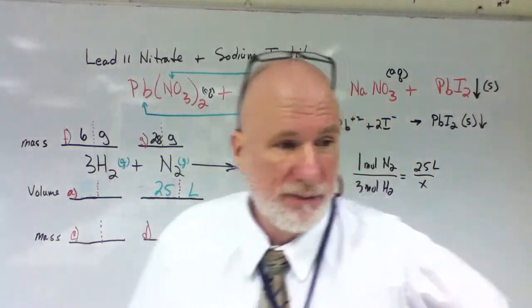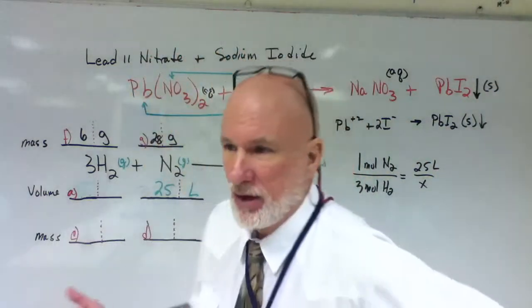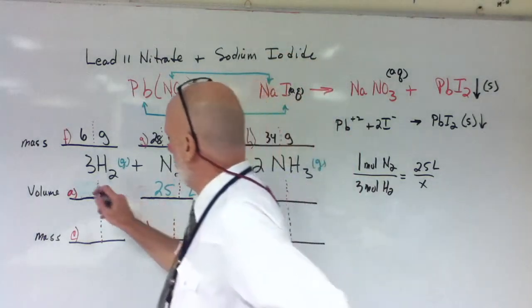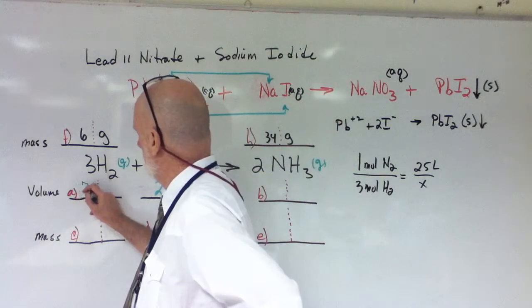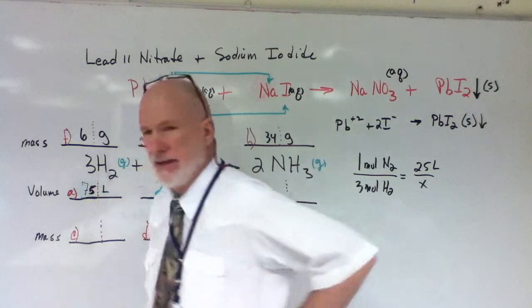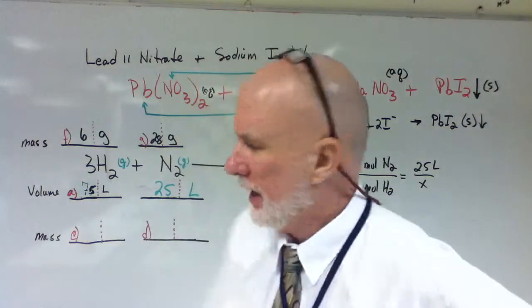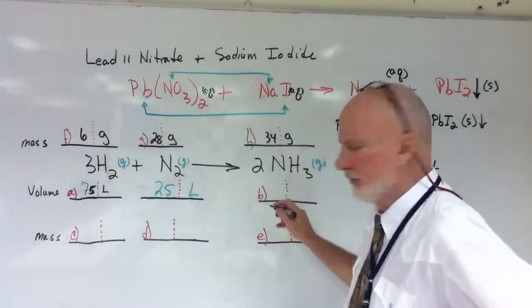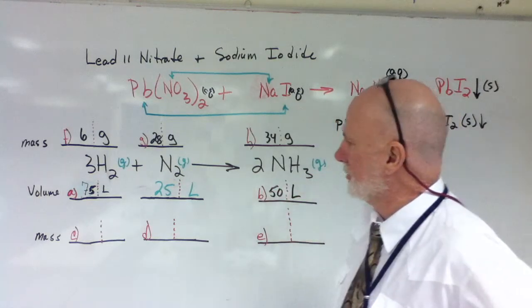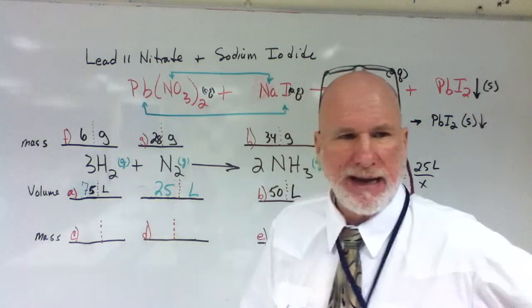What's X going to be? 75. So, is she right? Correct. So this will be 75 liters. Can you see that? 75 liters. Can you see that? And what would this be? 50 liters. Okay, now, let's do the masses.